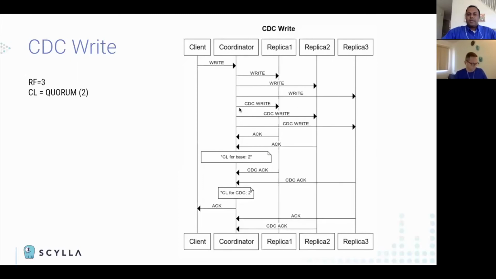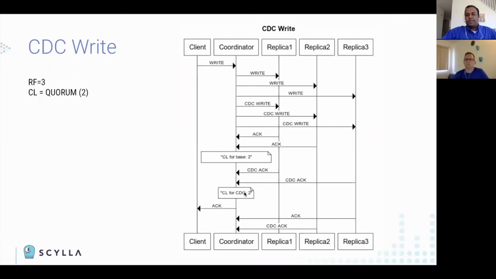And at the same time, there's a CDC write, which gets sent to replica 1, 2, and 3. Then you get 2 ACKs. Since you committed it with quorum level 2, once you get the consistency level, the client moves on. But in this case, it also gets an ACK from the CDC log, which gets created.